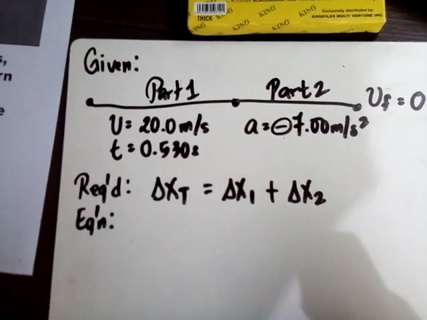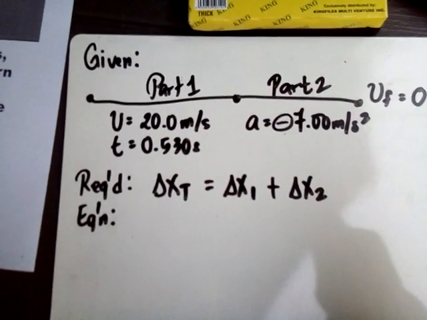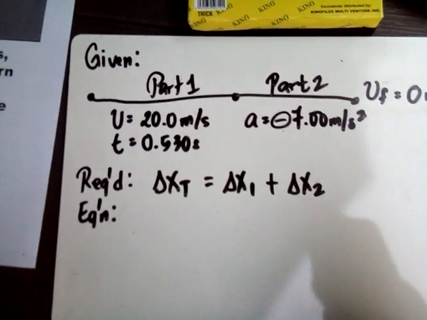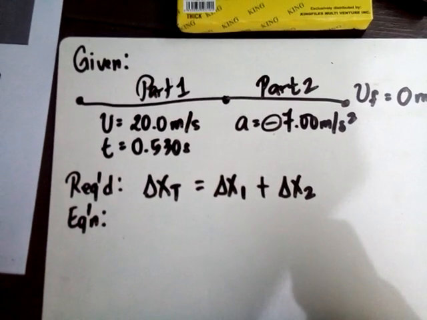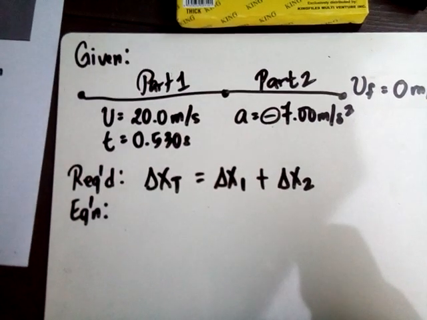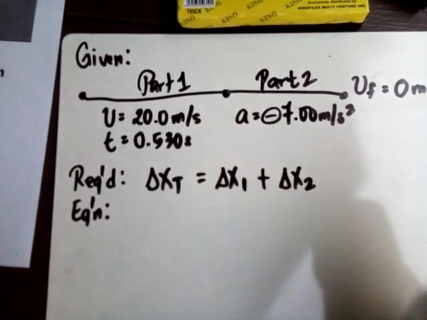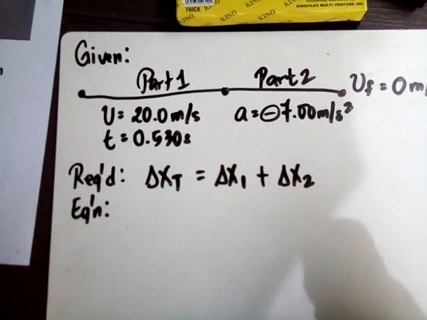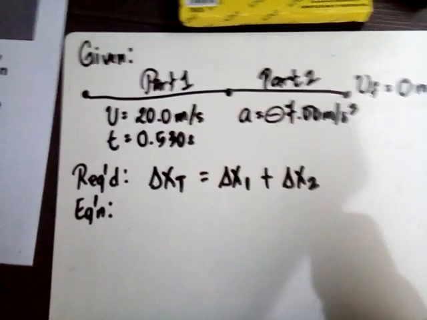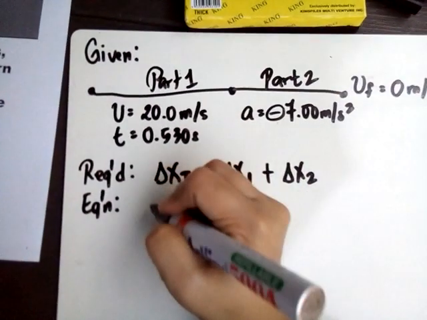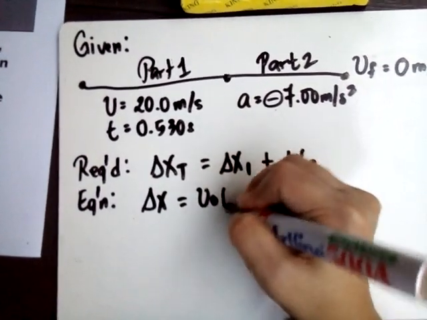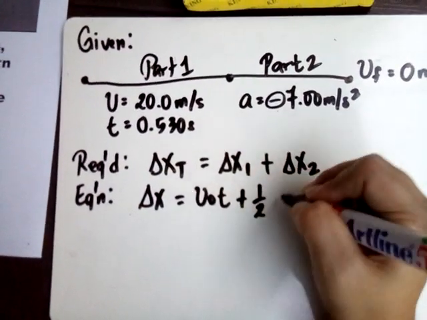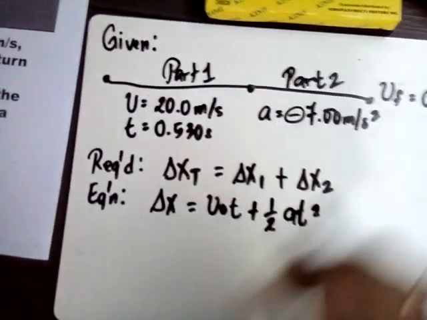In part 1, what is not given and it's not required also? Yes, final velocity is not required and final velocity is not given. Okay, so we can use this equation: delta x equals v naught t plus 1/2 at squared.